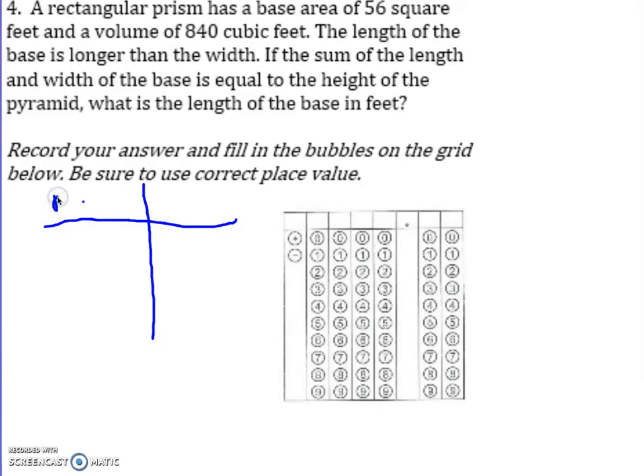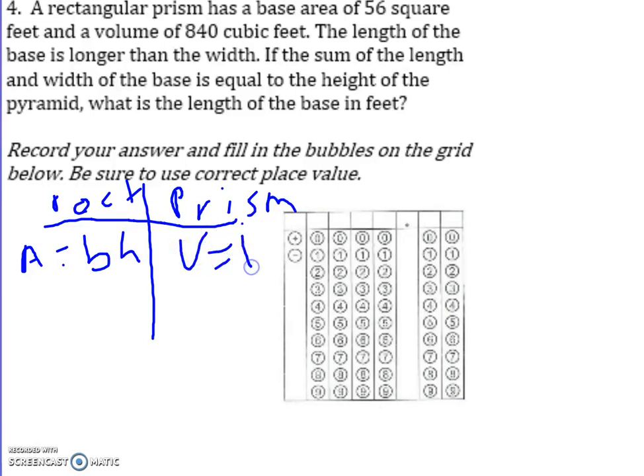We have a rectangle, prism. So the rectangle is area equals base times height, and the prism is volume equals big B times height.